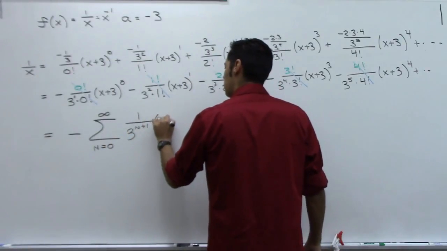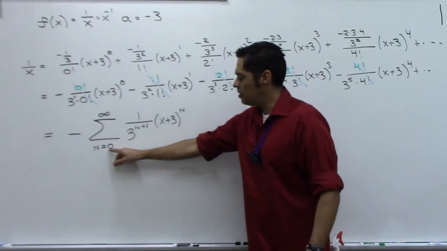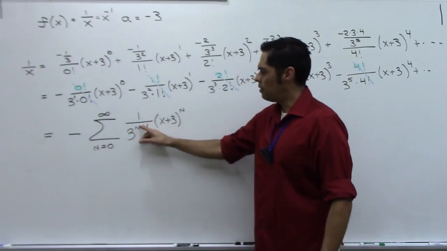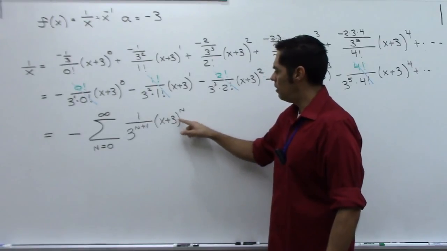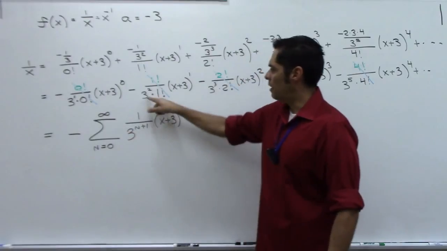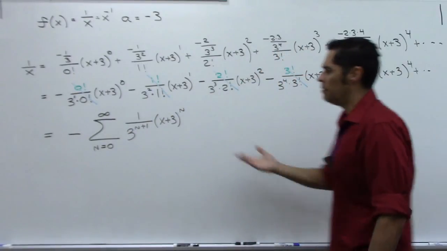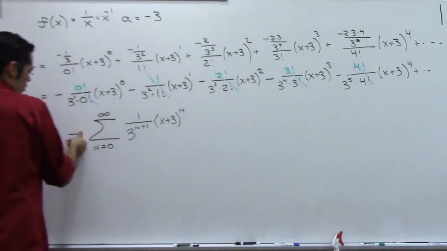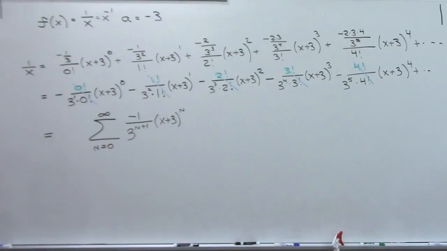And then x plus 3 to the n. So if I plug in n is 0, I get 3 to the first, and then I get x plus 3 to the 0. So that'll give me this. If n is 1, I get this, and then this. And that continues. The negative, I could have here, or I could put the negative just up in here like that. And that should do it.